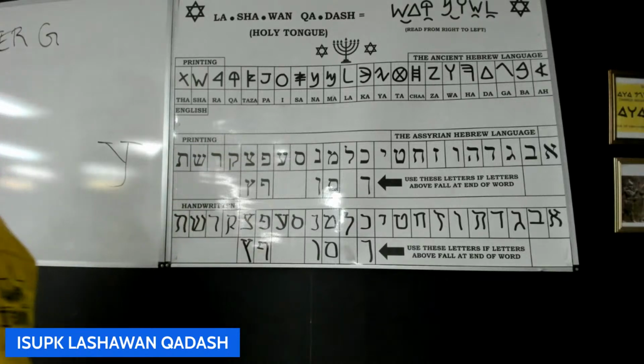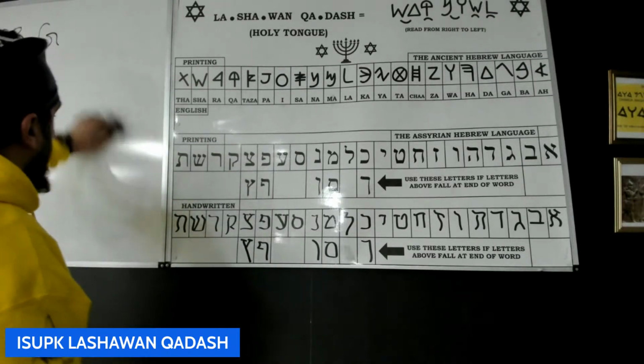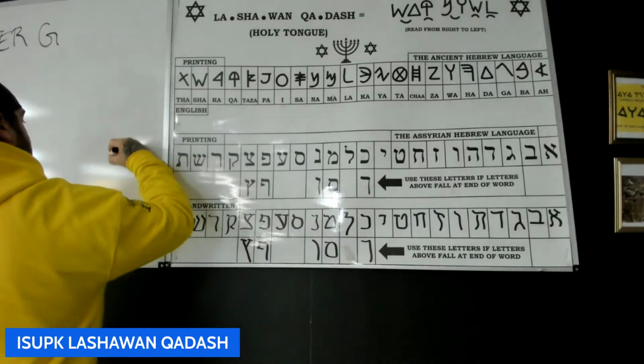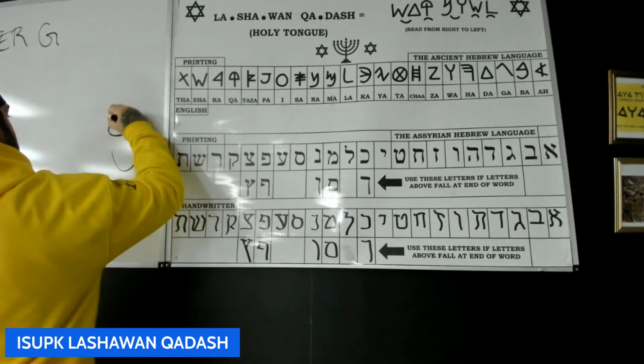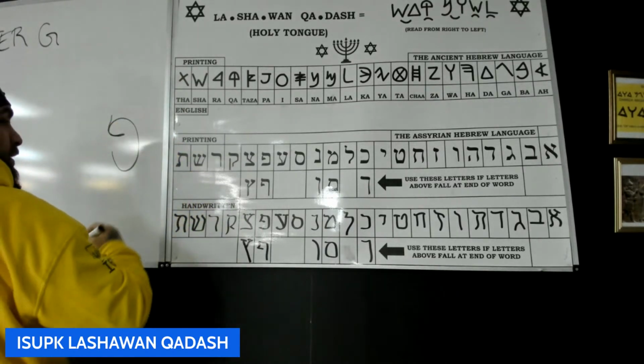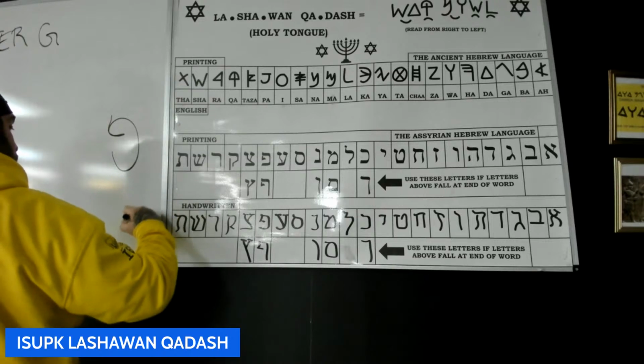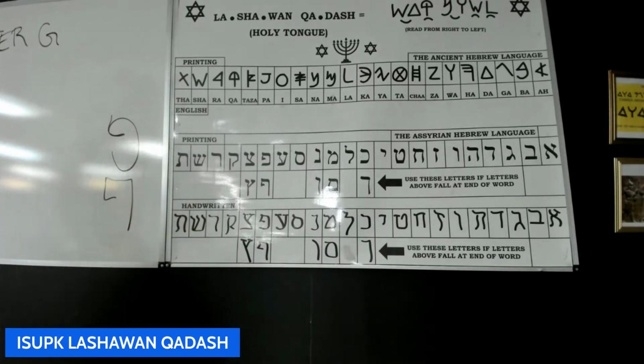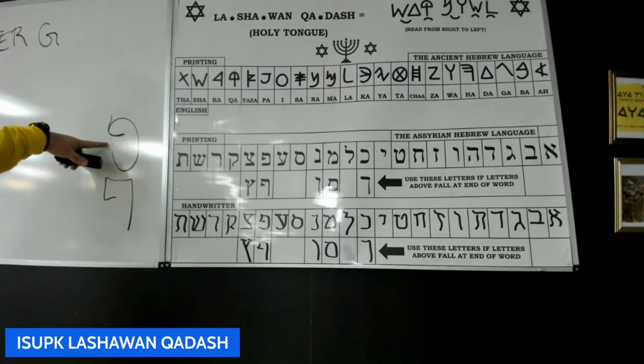Next, we're going to go to Pa. Pa is like a G. So this will be at the beginning of a word. This starts with Pa.